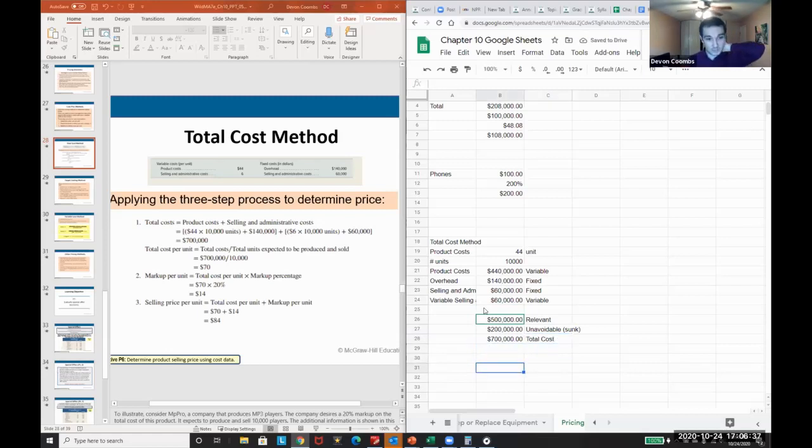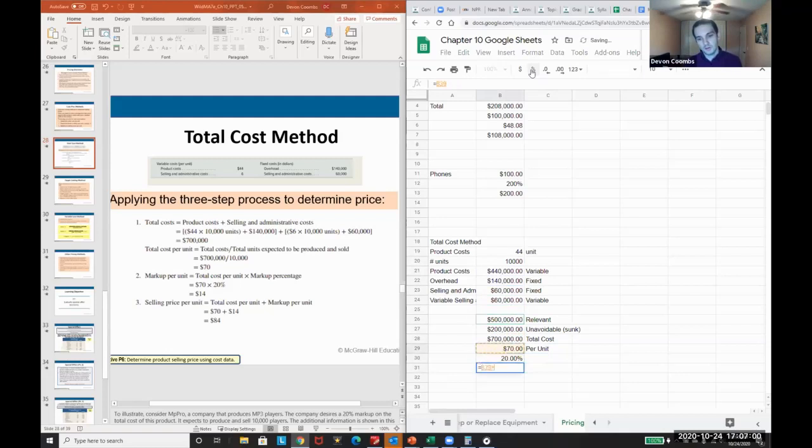And so we're saying we want a 20% markup. So the 700. What's our per unit? So our 700, we have 10,000 units per unit.